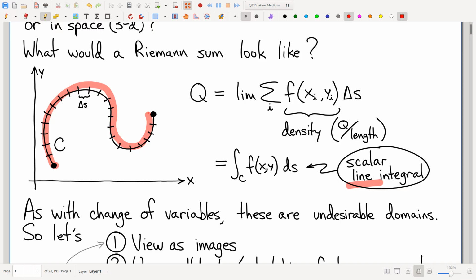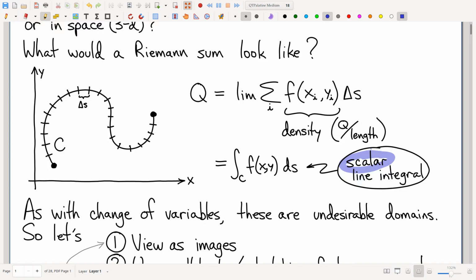Okay. What is weird, and we'll draw the line in just a moment here, no pun intended. Why do we call this scalar line integral? That's seemingly unnecessary. And the answer is, it turns out there's another kind of line integral that we're going to see next week. It's very hard to see this coming. Don't try to imagine what this other kind of line integral is going to be. It's really not obvious.